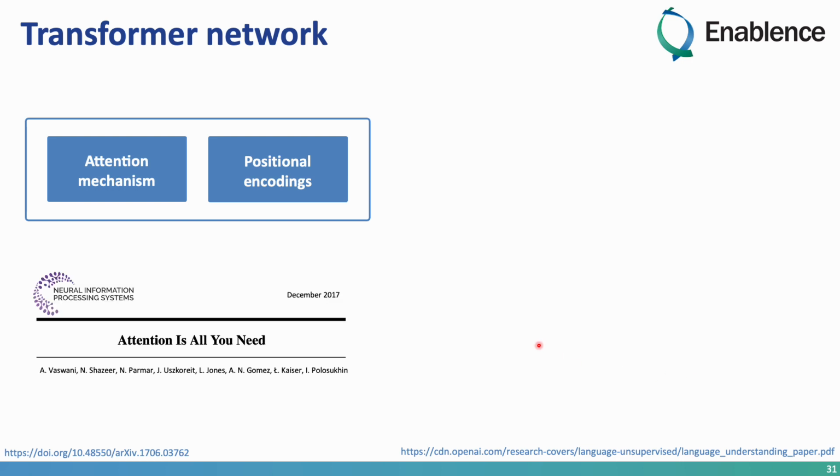Now, the transformer architecture was first introduced by the Google Brain team in a seminal paper entitled "Attention is All You Need." In this paper, they demonstrated that the attention mechanism, when combined with positional encodings, could very effectively model complex relationships between words in a sequence, surpassing the performance of traditional models.